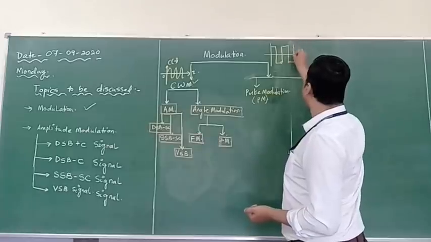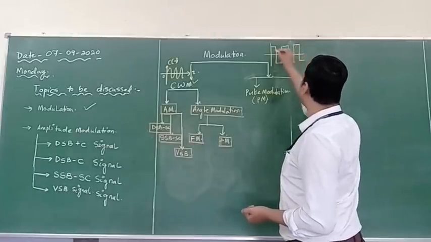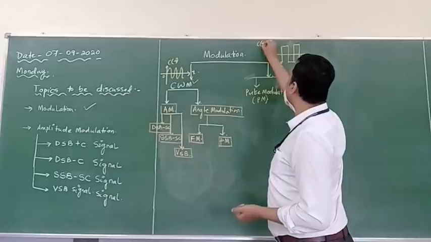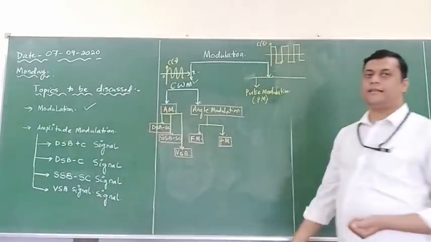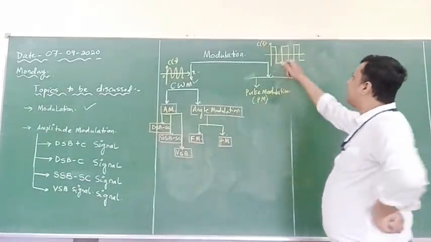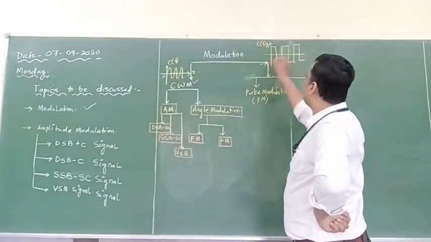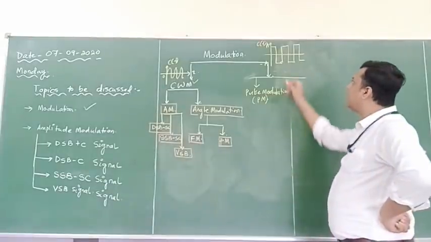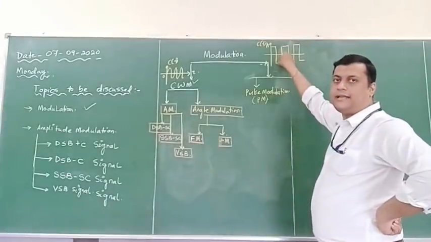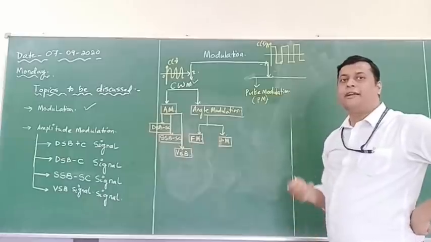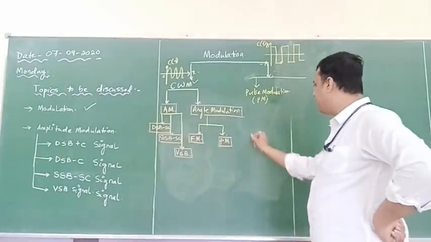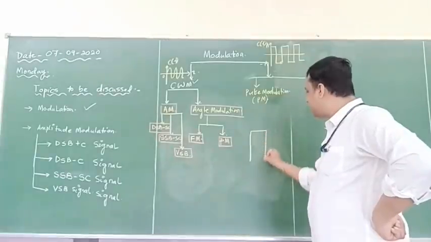If I change the characteristics of this pulse of a carrier, then pulse modulation takes place. In this pulse you can see amplitude A and minus A, and a time period, and it also depends upon the width of the pulse.